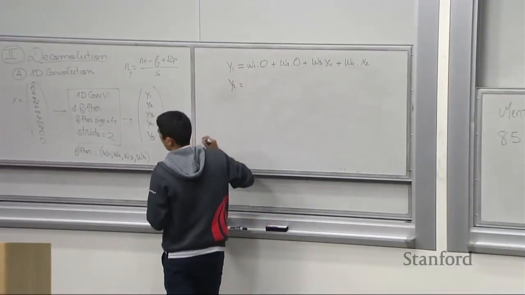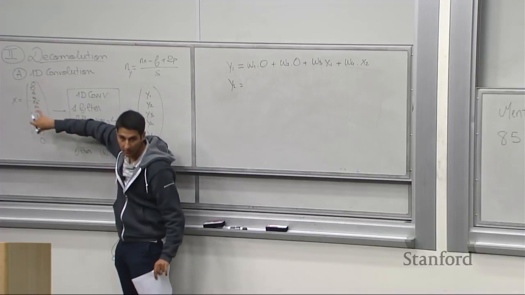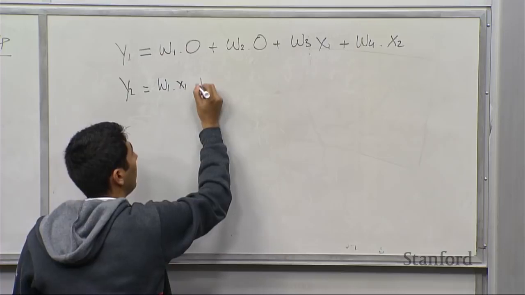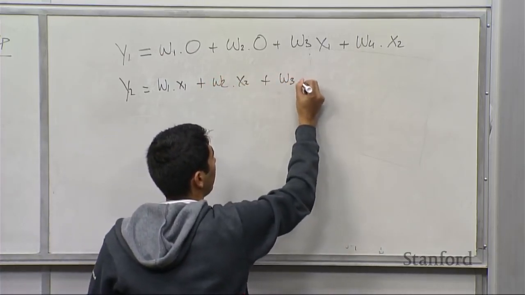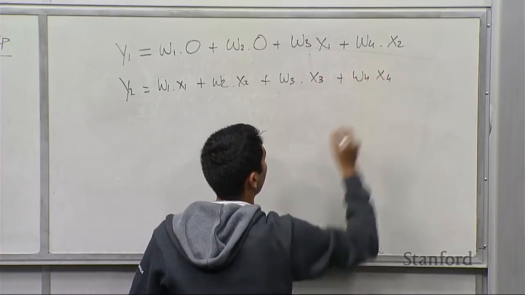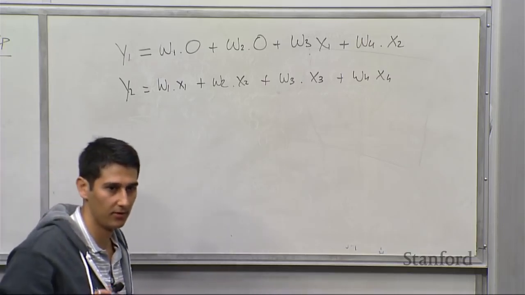y2 is going to be the same thing, but with a stride of 2, going 2 down. So it's going to give me w1 times x1 plus w2 times x2 plus w3 times x3 plus w4 times x4. Correct? Everybody's following?